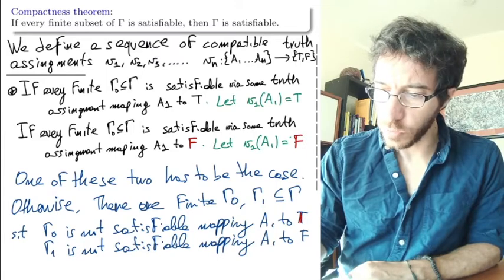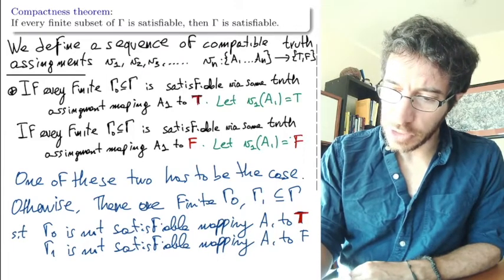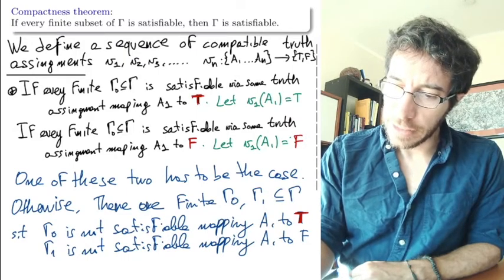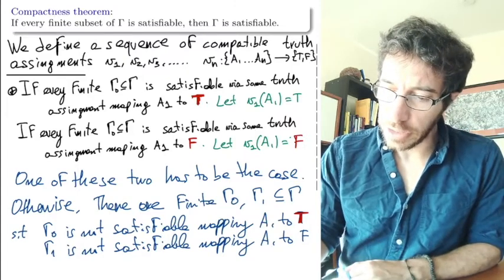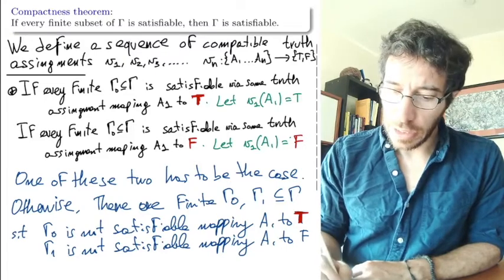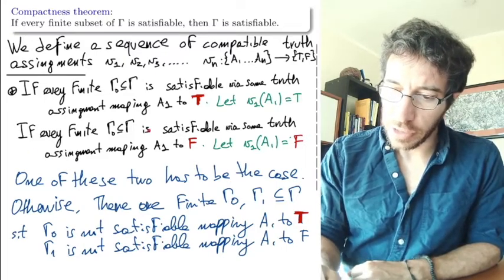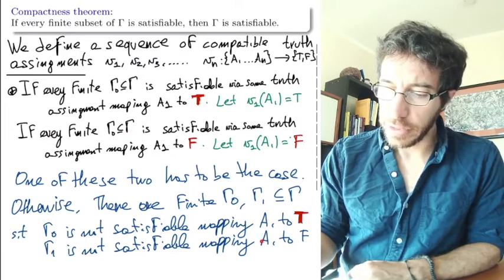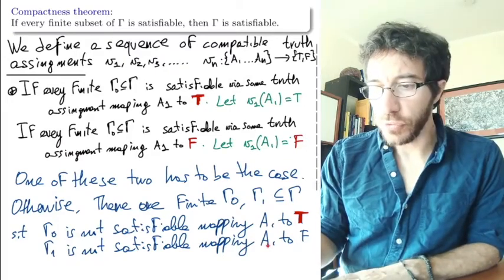All right, so for the first one up here, we're saying that is because this is not the case. So if there is no gamma 0 that is satisfiable, that is compatible with making A1 true, then it has to be some gamma 0 that is not compatible with it being true. And because of the second case, right here, if this is not the case, there must be some finite gamma 1 that is not satisfiable using a variable assignment that maps A1 to false.